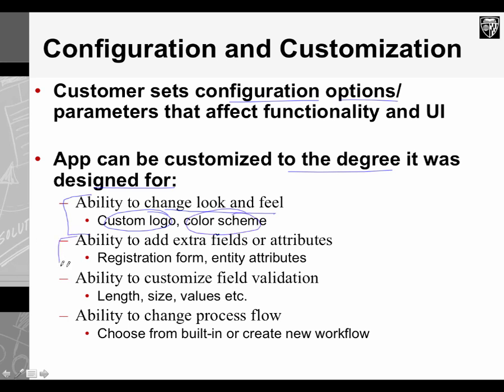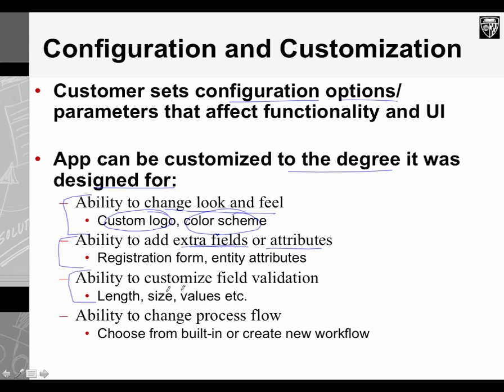You can have the ability to add extra fields or attributes. So whenever you have a SaaS application that may have to take a form filled by a user, the user can suggest what the extra fields may be. There may be some basic fields that may be there as part of the registration process, but there may be other fields that the user may want to add, and that should be possible.